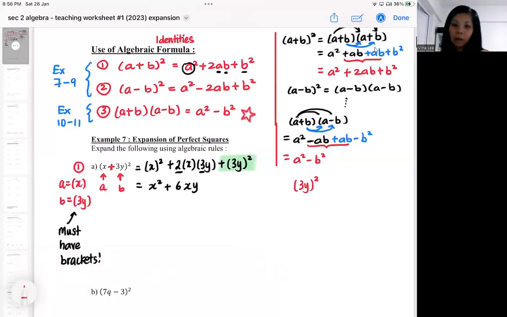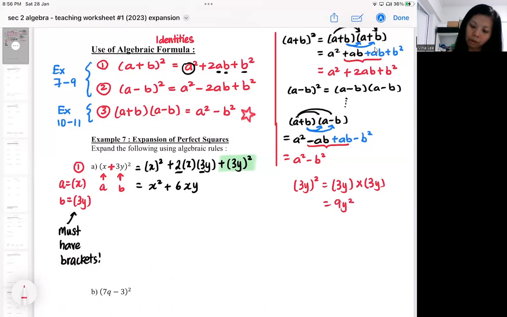When you have bracket 3y squared, that means it will be 3y times 3y, so it should get you 9y squared. The correct one is 9y squared.